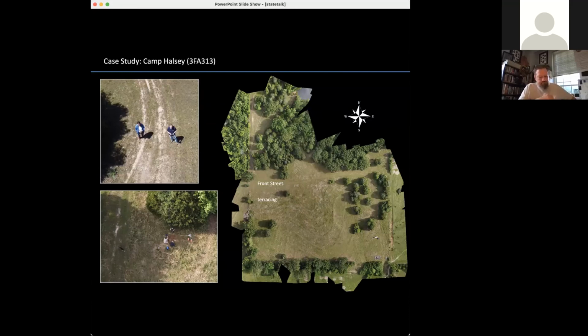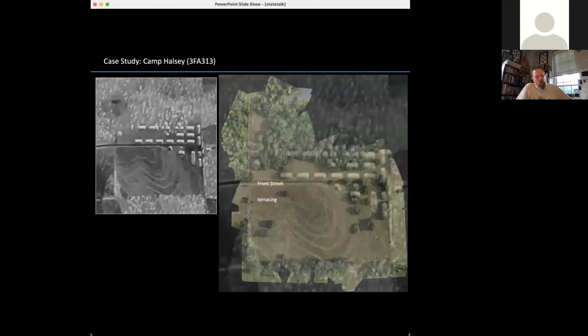Okay. And when we overlay the two images using a GIS, combine them, a fairly clear picture of the arrangement of buildings in the current landscape can be evaluated. So we've got this long row of 6 buildings that runs along Front Street, the former road. And today, these are all situated in an open pasture.